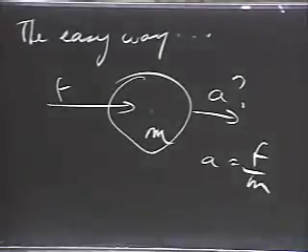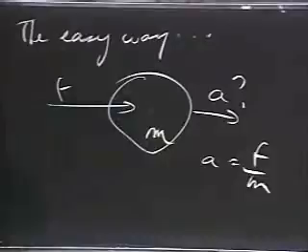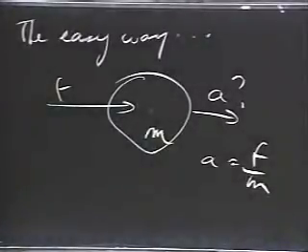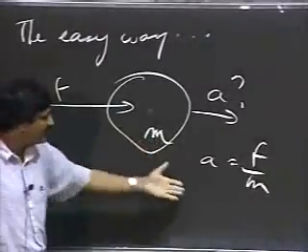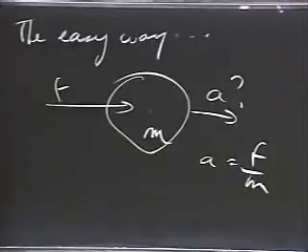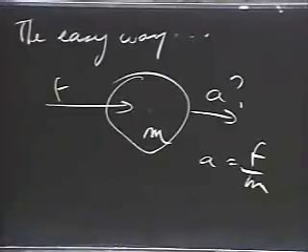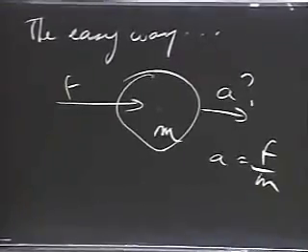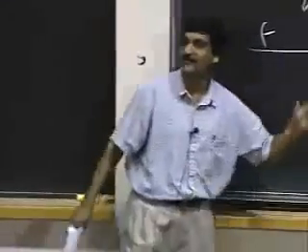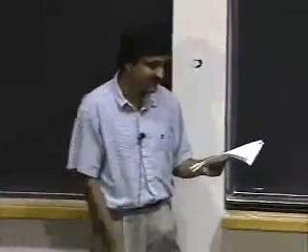It's as simple as that. I could have gone into all kinds of differential equations to figure that out, but you asked me for the mass, and you gave me the answer, a is F divided by m. So you ignored a bunch of things. You ignored the shape of the object. You ignored its color. You ignored its temperature. You ignored whether it's soft or hard. You ignored a whole bunch of things.